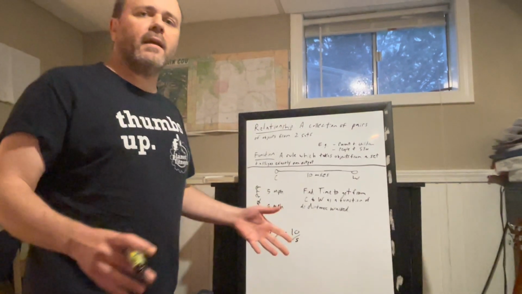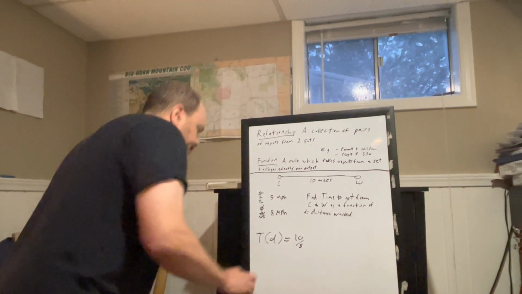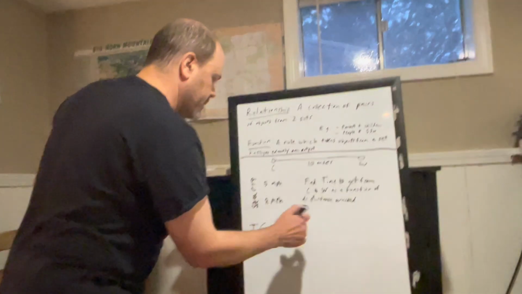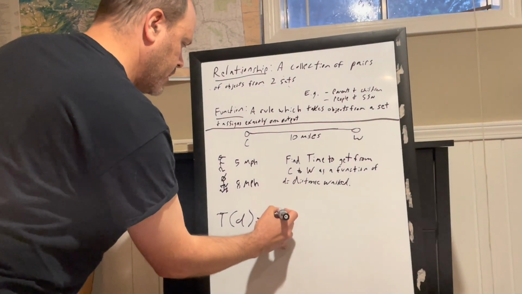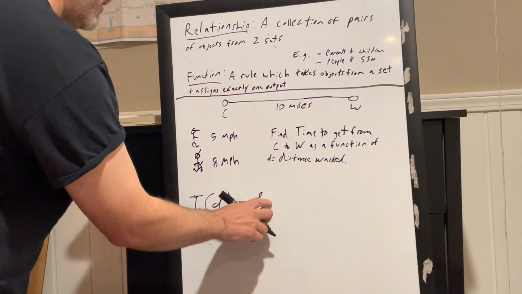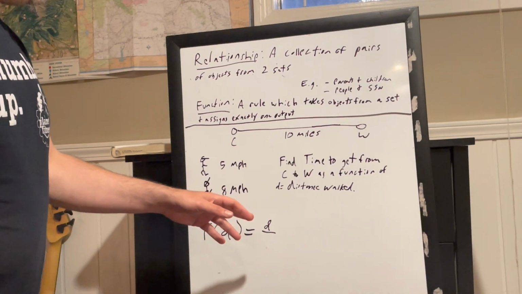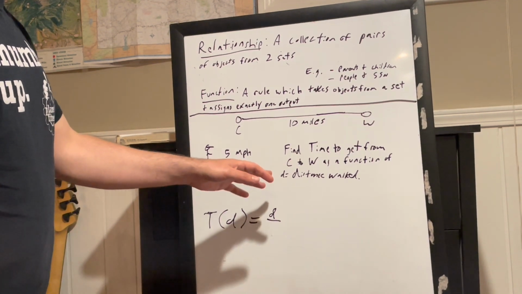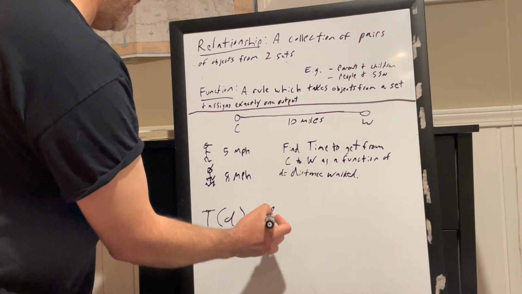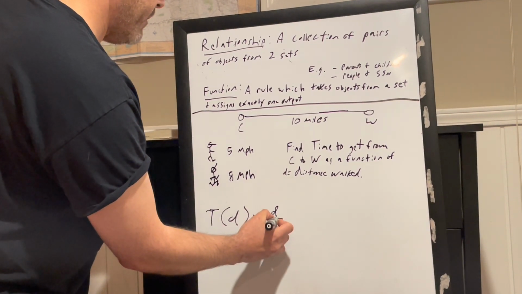So you could plug in any distance, and our distance is going to just be D, and D is distance walked, where the walking speed is 5 miles per hour.